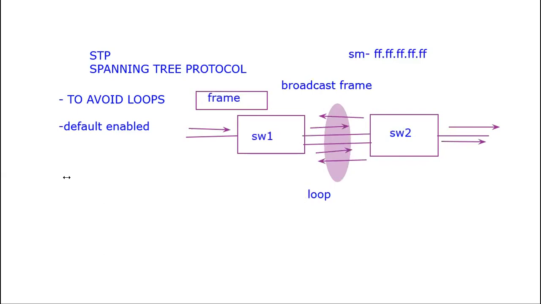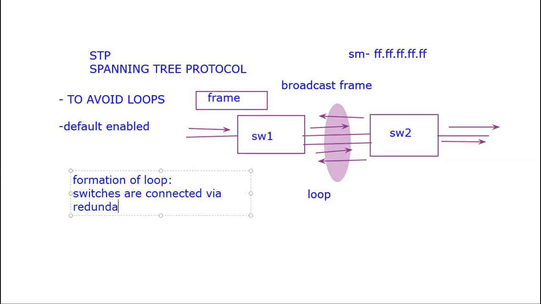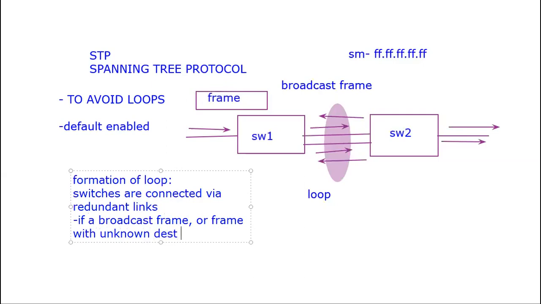So the formation of loop can be in case, first of all, if switches are connected via redundant links, more than one link. Second thing, if a broadcast frame or frame with unknown destination MAC is received.